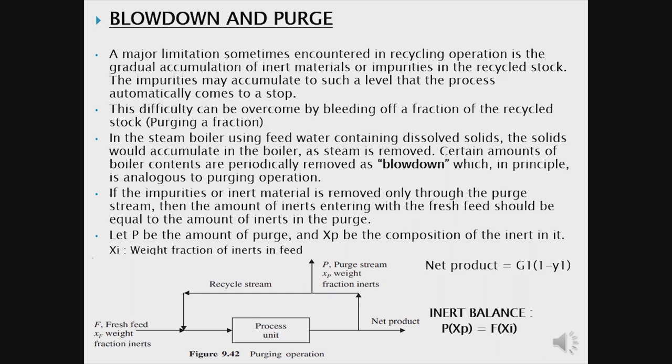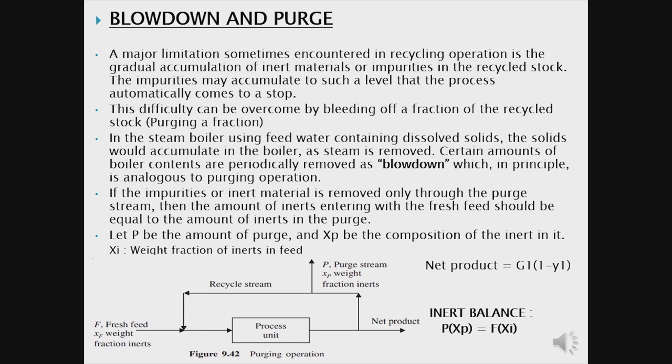In a steam boiler using feed water containing dissolved solids, the solids would accumulate in the boiler as steam is removed. So certain amounts of boiler contents are periodically removed as blowdown, which in principle is analogous to the purging operation. Both of these are analogous to each other in principle. If the inert material is removed only through the purge stream, then the amount of inerts entering in the fresh feed should be equal to the amount of inerts in the purge.